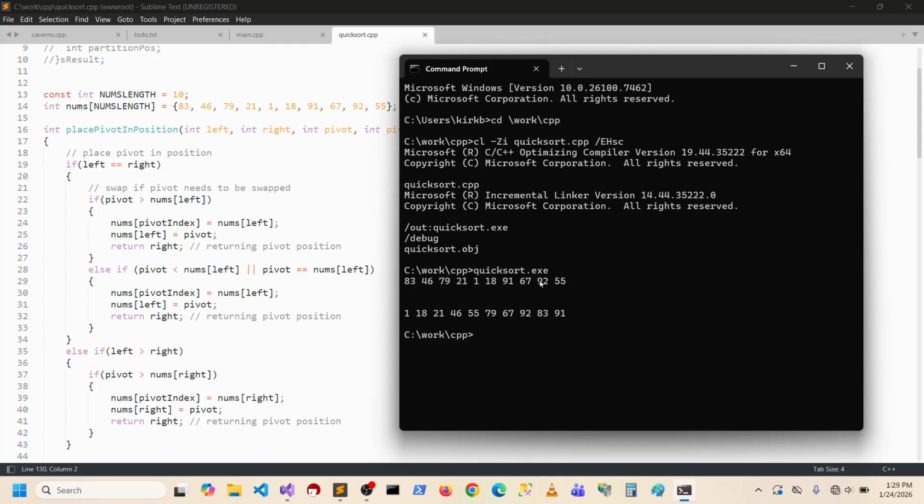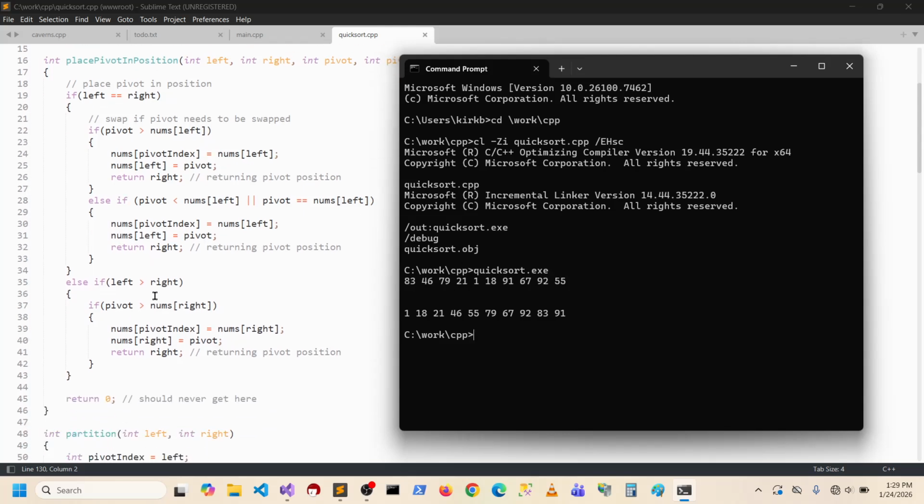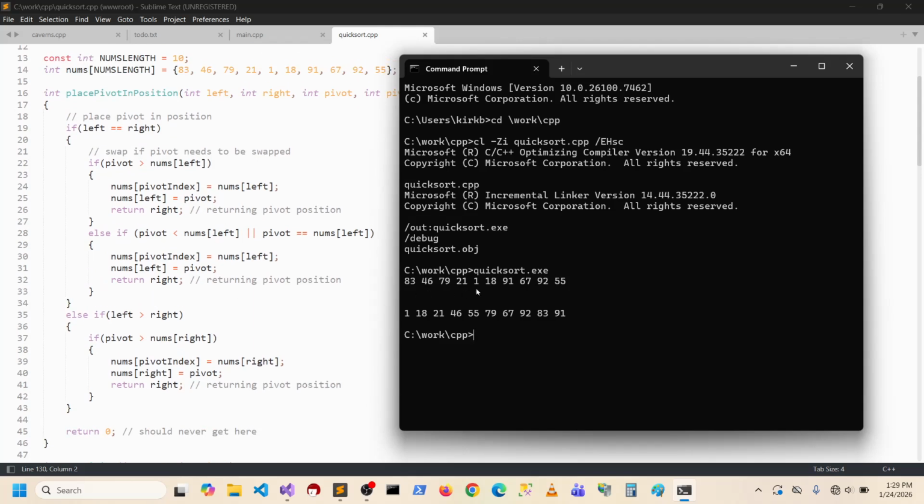So those swap in place. Nums 0 equals nums left, 92. So that goes over to 92. Then it returns right, which is 8.